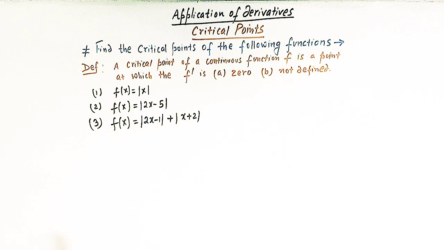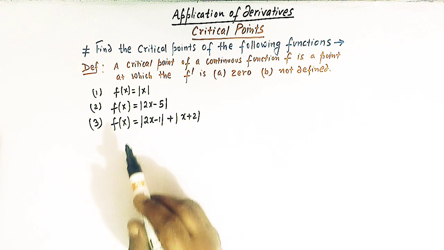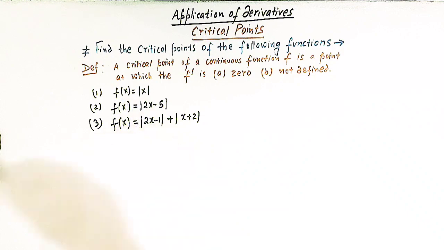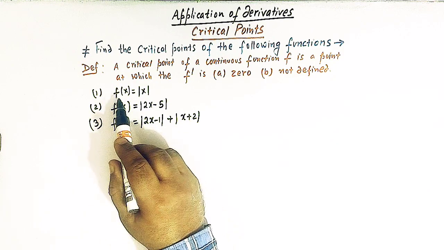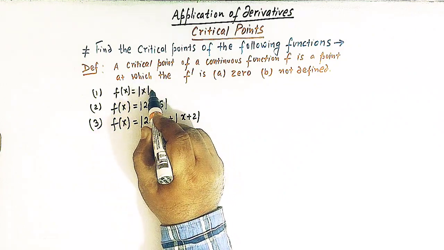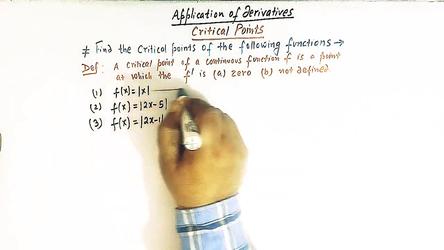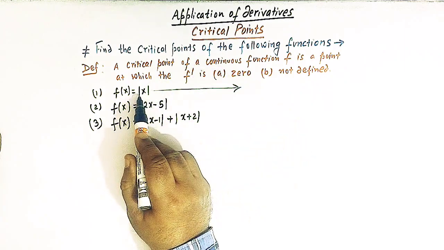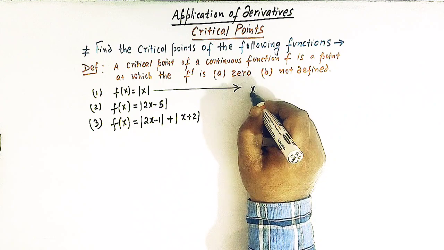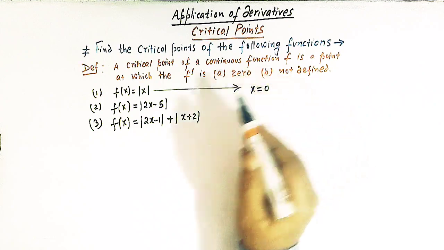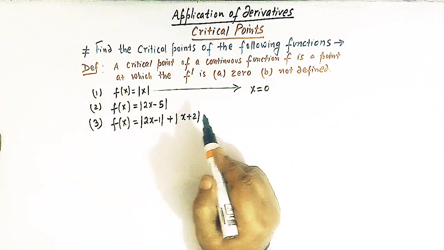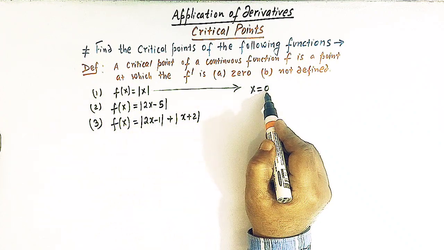So now to begin with, let us first consider these three functions, right? So here we are taking the mod function. In the first case, we have the function mod of x, right? And we know that the derivative of mod of x does not exist at x is equal to 0, right? So it implies that mod of x is not differentiable at x is equal to 0, right?